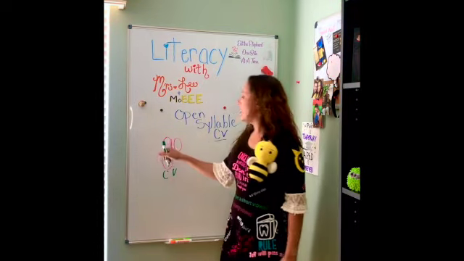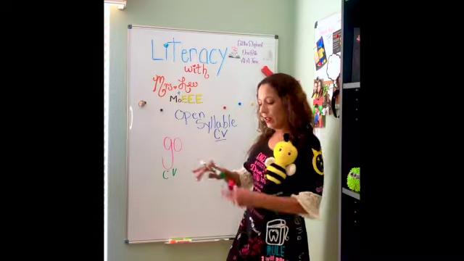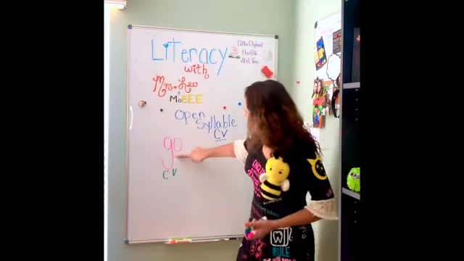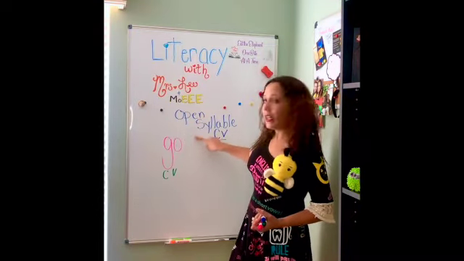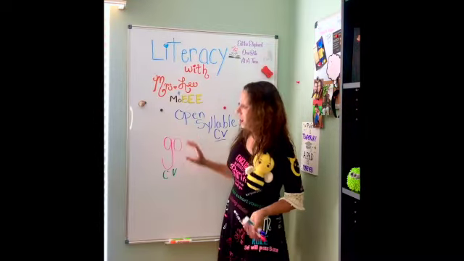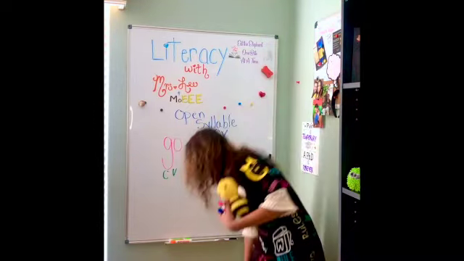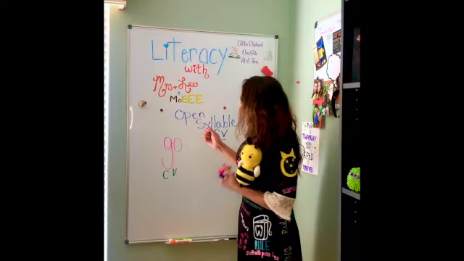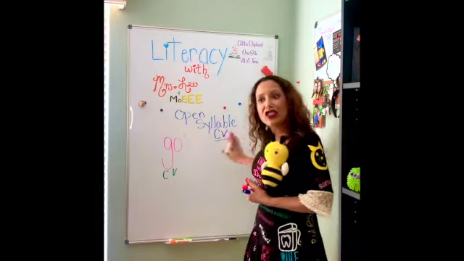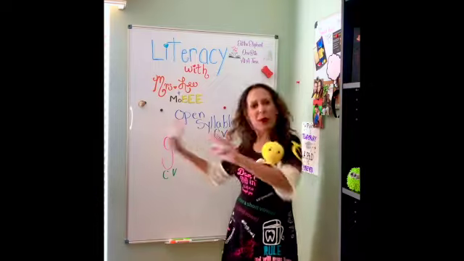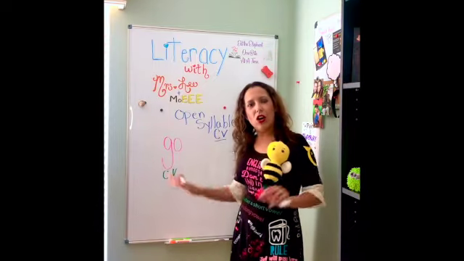So let's look next to this vowel. Do you see another letter right over here that is blocking it? I don't. So that means that this vowel is long because there's nothing there blocking it to say its name, to make the long sound.